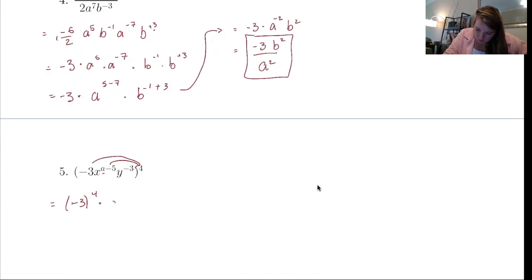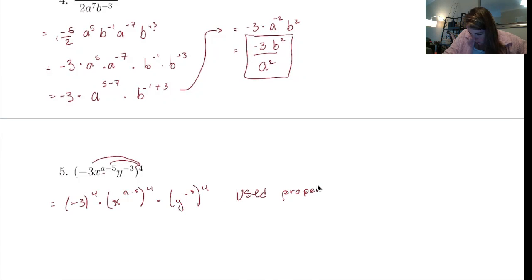times x to the a minus 5 to the 4 and y to the negative 3 to the 4. So now I think this is going to be property 4.